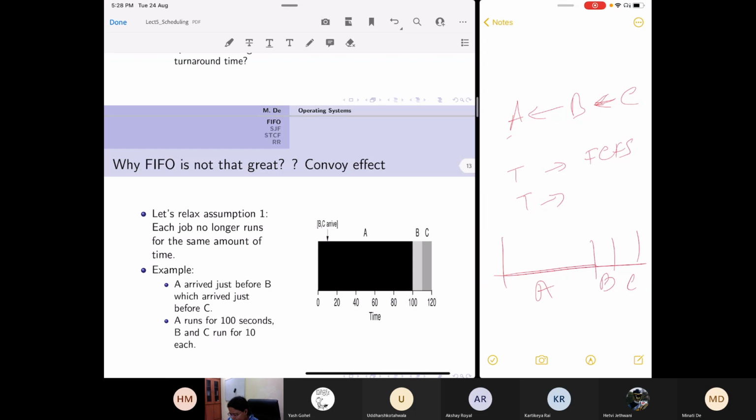Okay, so another important thing. These algorithms we are discussing, shortest job first or FIFO, were actually there even before computers came, right? For example, FIFO is a very natural algorithm, first come first served. So these algorithms were basically used by the operations research community earlier.